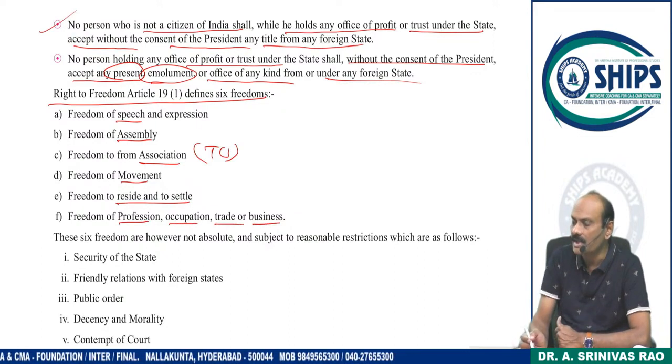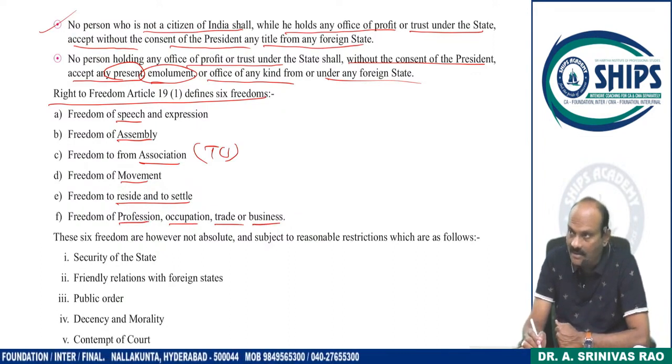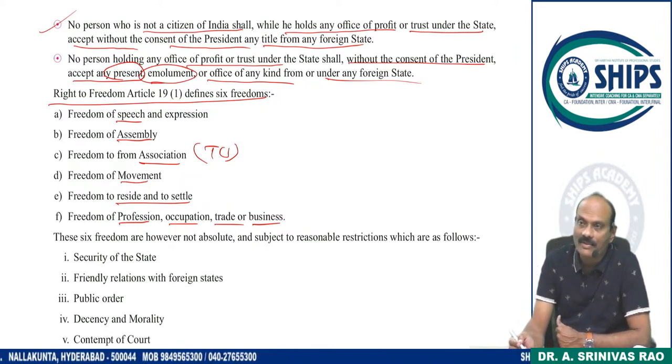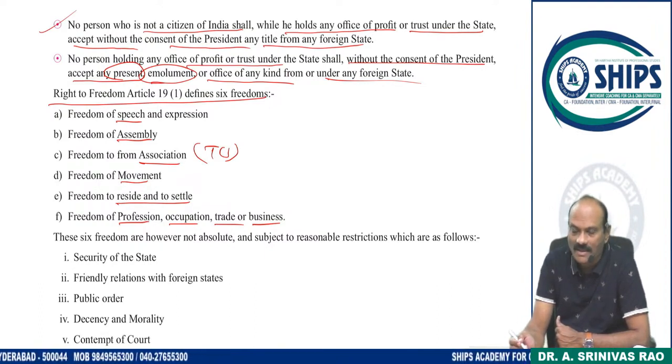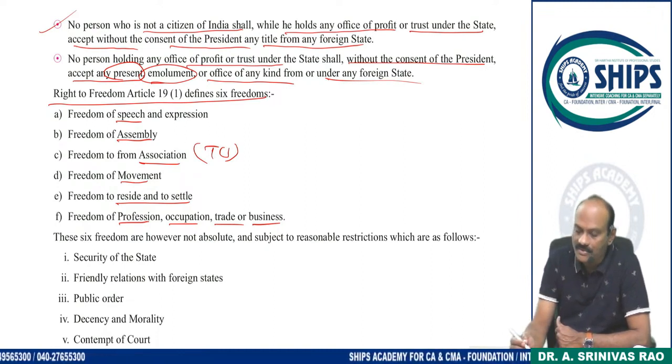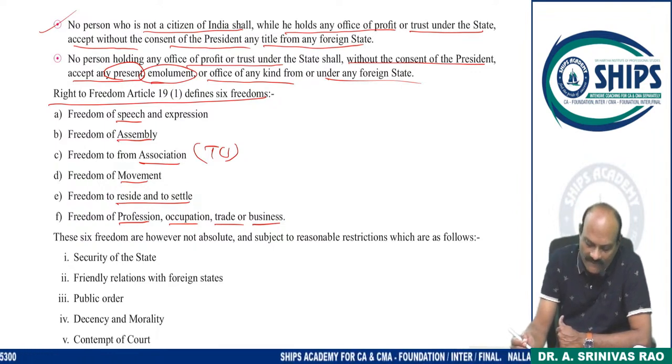Hope you remember we have done this: Article 19(1)(g) of the Constitution of India, I told you earlier. When we discussed Section 27 of the Contract Act, this point was made: you have a fundamental right to take up any profession, occupation, trade or business. These are all fundamental rights.